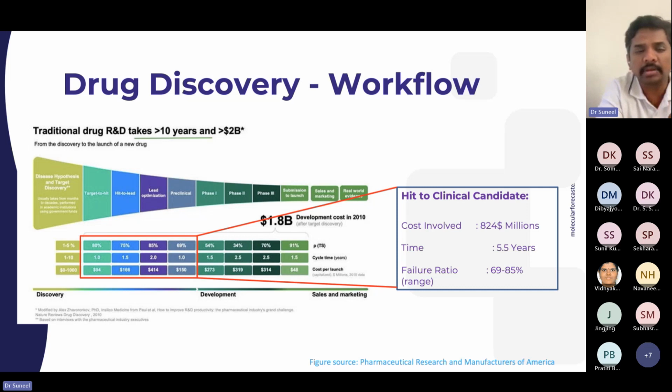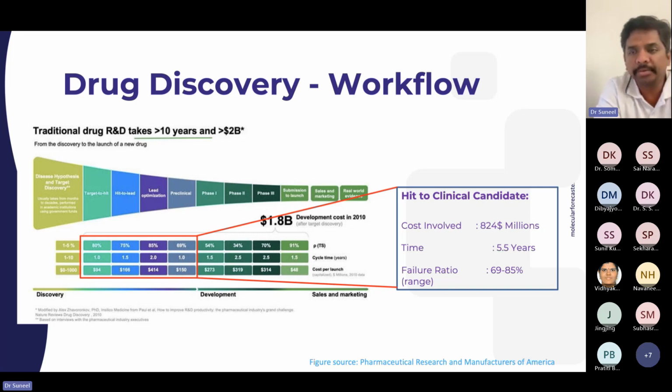I play a key role in molecule designing from target to hit, hit to lead, and lead optimization. Only these four stages cost almost $800 million and take 5.5 years, and the failure rate is 69 to 85%, not the success rate.